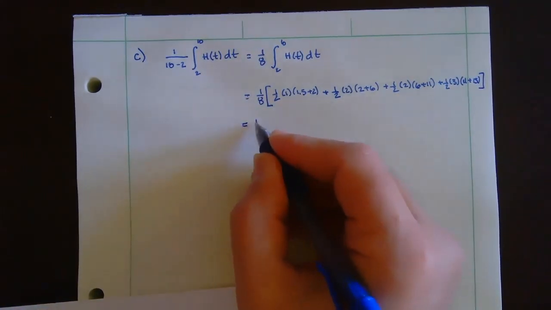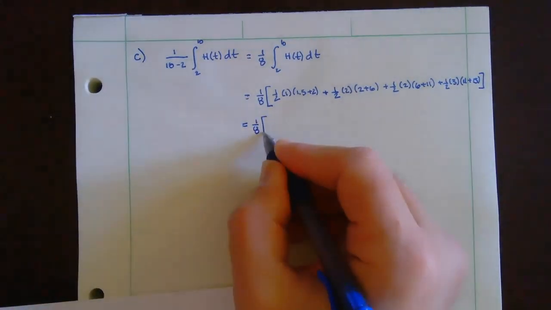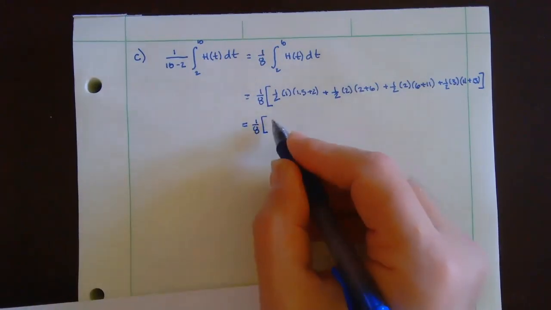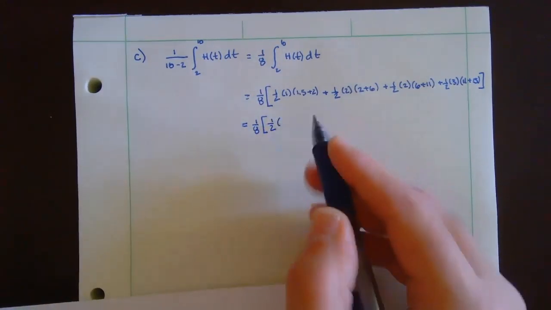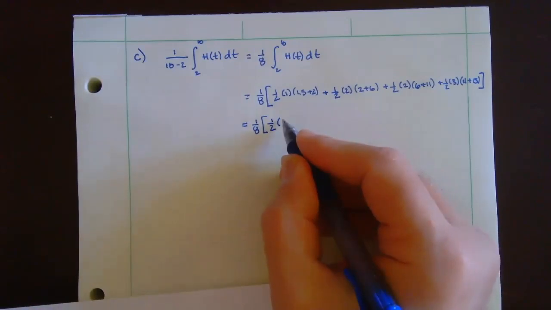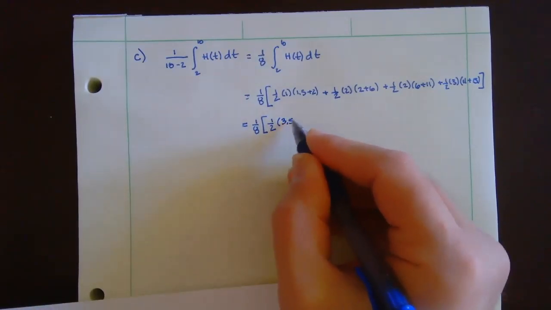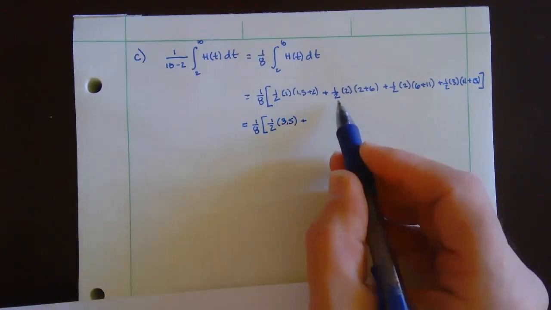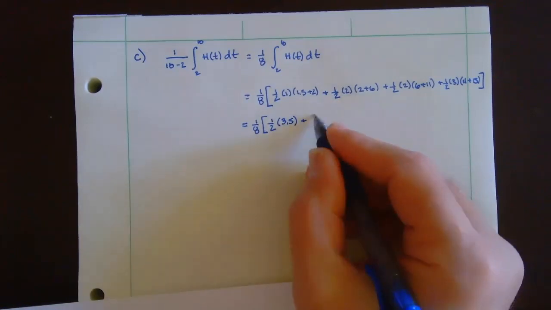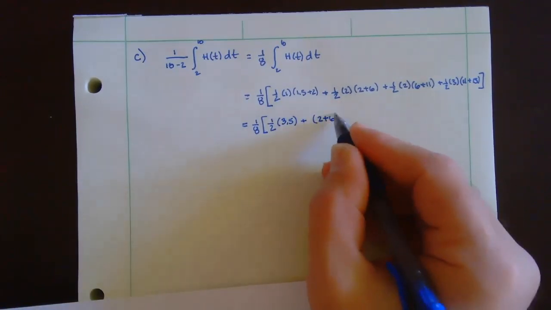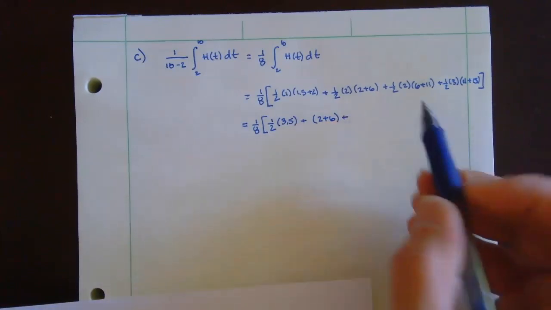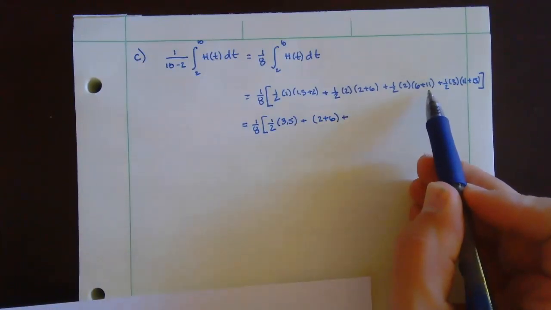So this is equal to 1/8 times 1/2 times 3.5, plus 2 plus 6, plus 6 plus 11 is 17.